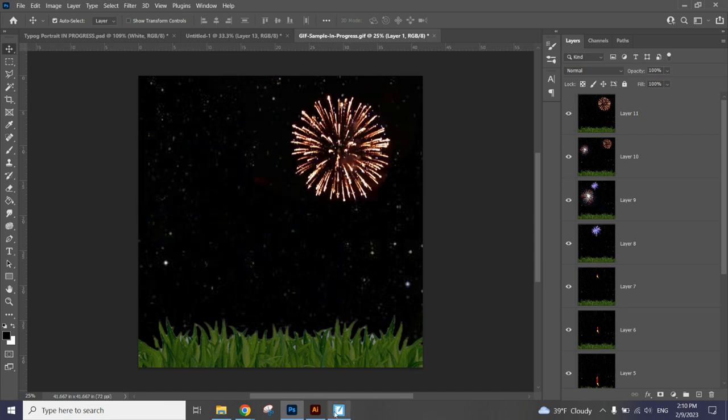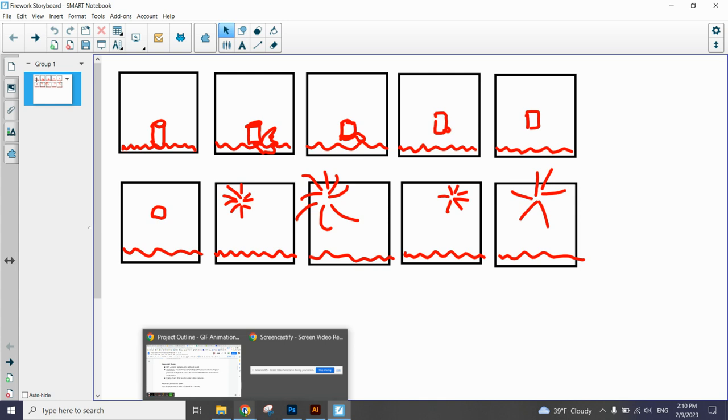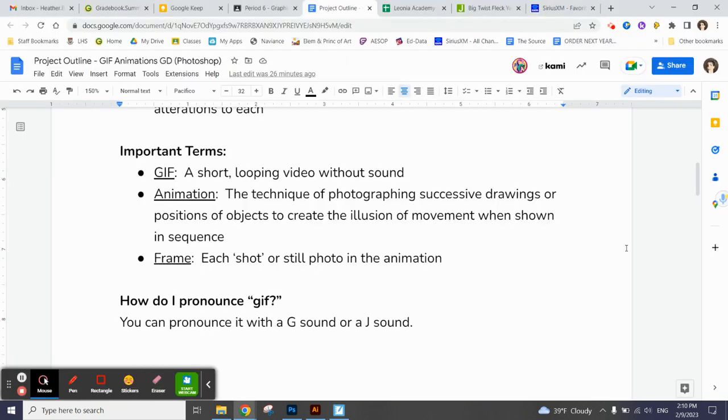So that's basically each frame, each moment of my GIF. I broke it down into a very rough breakdown. So it's just a place to plan out how each part is going to work out. So the key is to keep it as simple as you can as you're working on it. Less is honestly more, which is good.